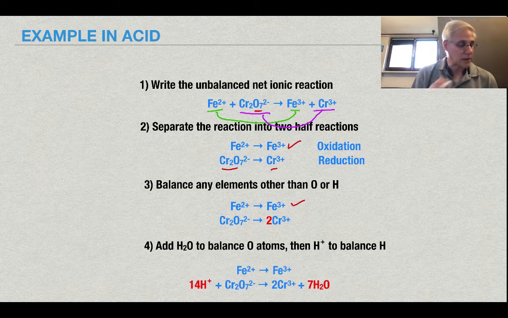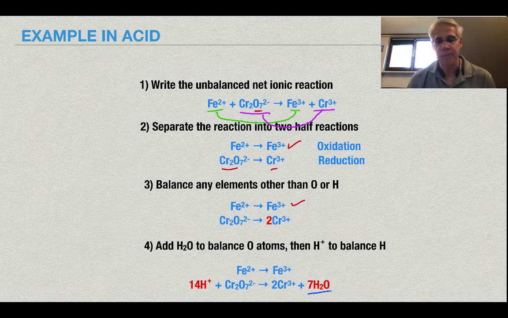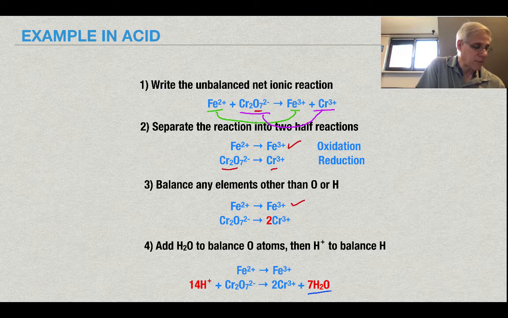So in order to balance the oxygens, we had to add 7 water molecules. Each water molecule adds 1 oxygen, so that gives me 7 oxygens in the reactants and 7 oxygens in the products. Now if we look at the hydrogens, we see that we have 14 hydrogens in 7 waters.